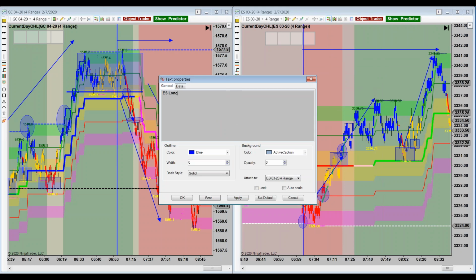ES long plus 7.5 points times $50 per point. Those of you with the gonculator. So one lot would be how much? 375. Is that what it comes up to, Gene? Let's see. 350. Yeah, 375.